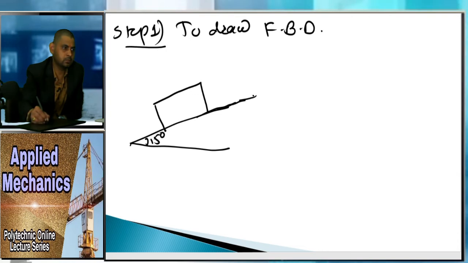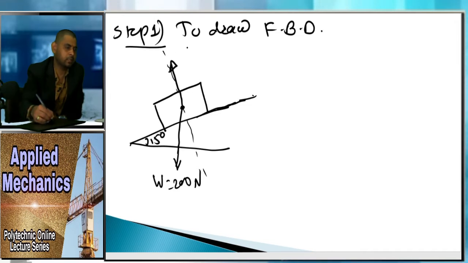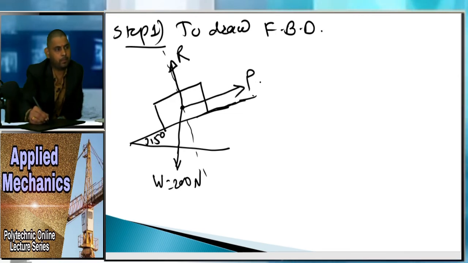So this is your x-axis and here is your y-axis. The weight is towards the downward, W is 200 Newton. The normal reaction is always along the y-axis, this is R, and P is given parallel to this plane, that is 40 Newton, right?